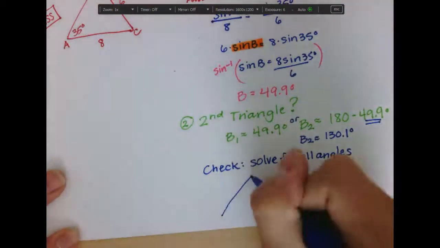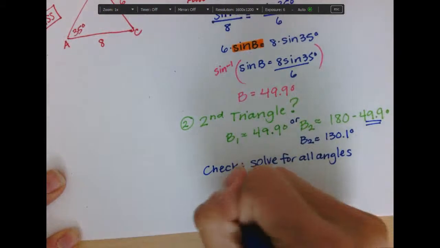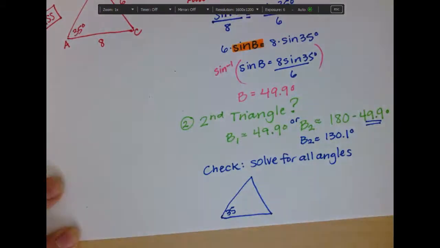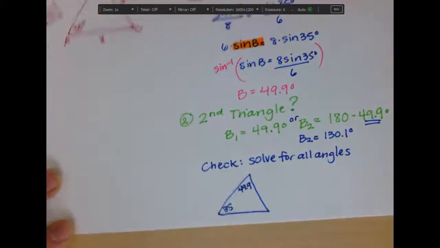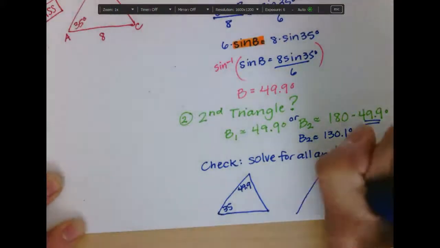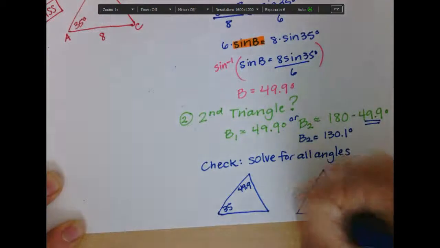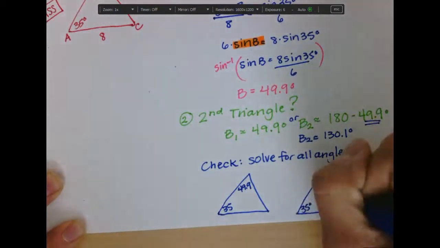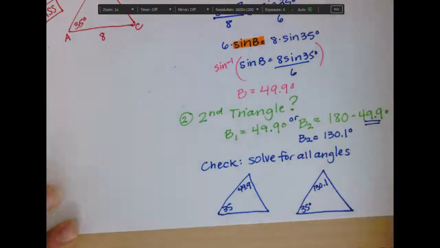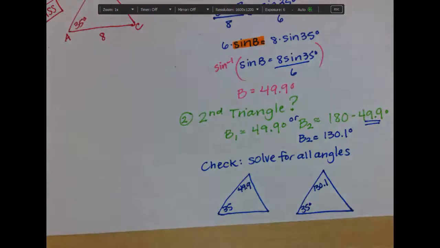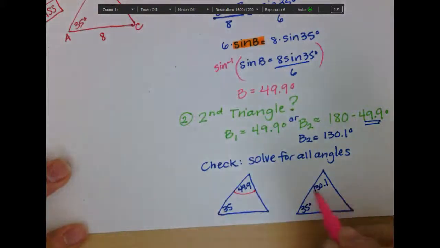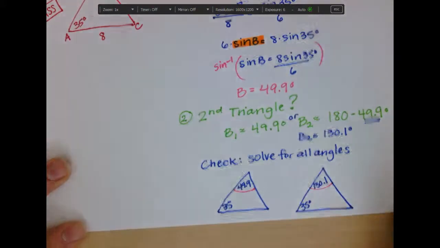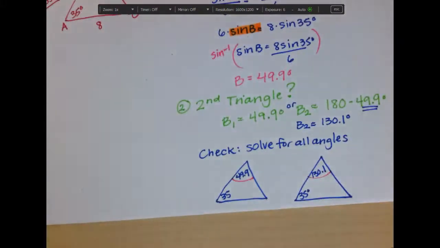In one scenario, we've got a 35-degree angle at angle A and a 49.9 degree angle at angle B. In another scenario, we've got 35 and 130.1. You'll notice neither of these is necessarily drawn to scale. In this case, I'd have an acute angle, and in this case, I'd have an obtuse angle. So they would create two different triangles if it were possible.